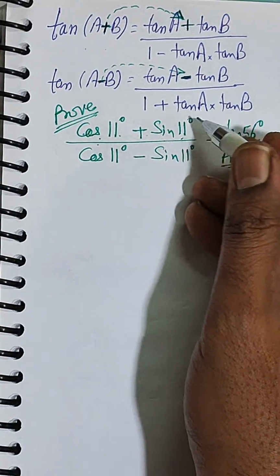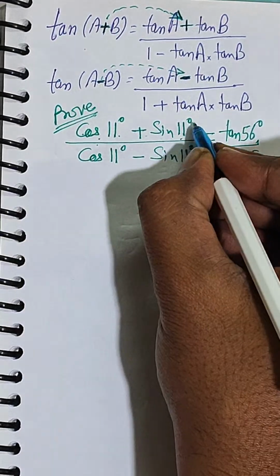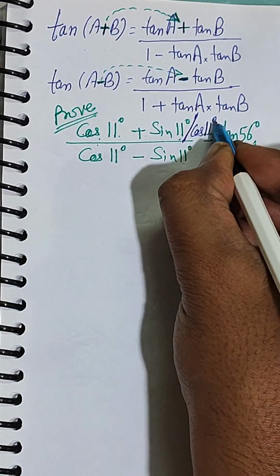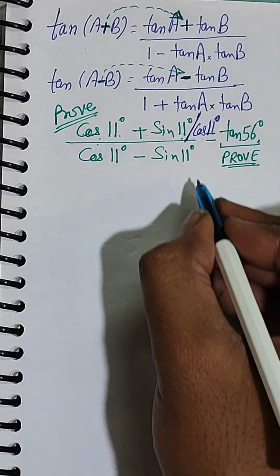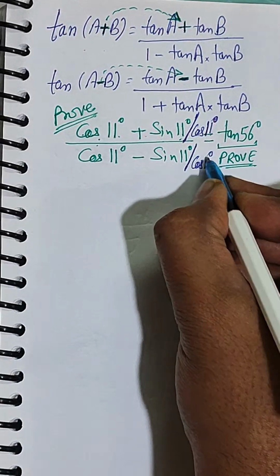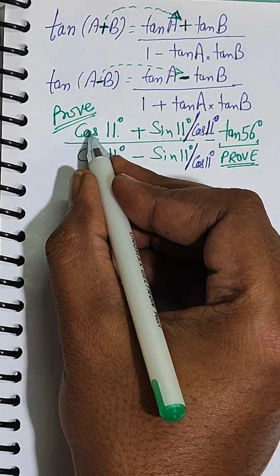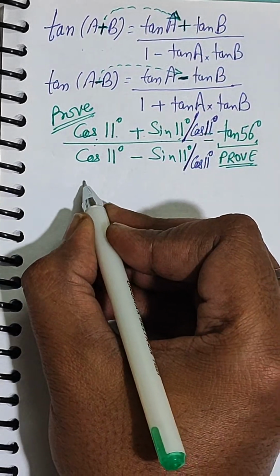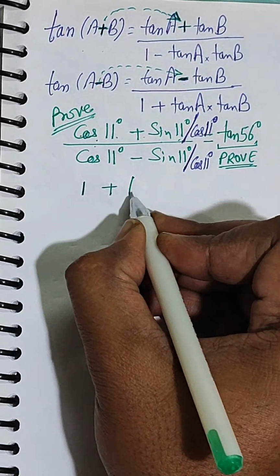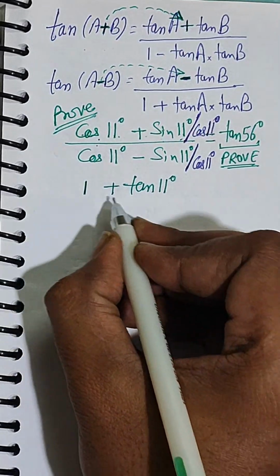So divide both the numerator and denominator of the LHS by cos 11 degree. Similarly, the denominator of the LHS also with cos 11 degree. And this will give you cos 11 by cos 11 will be 1, and sine 11 by cos 11 will be equal to tan 11 degree, isn't it?